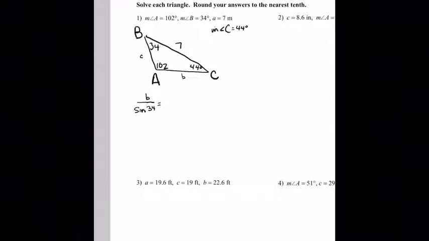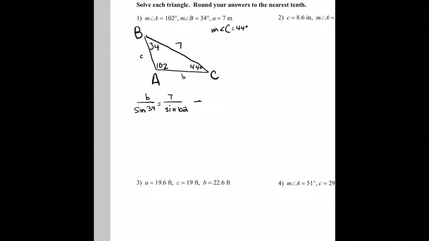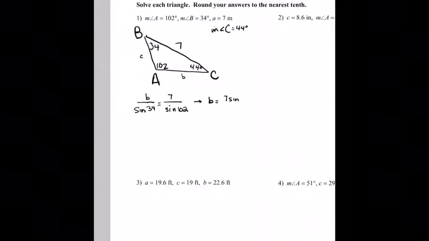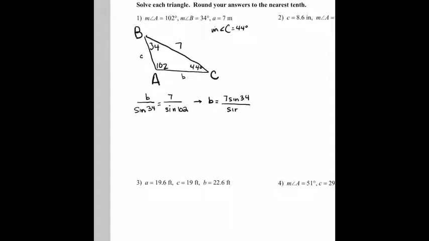So angle B was 34 degrees, and side A is 7, and the sine of A is 102. So getting B by itself, we'd have to multiply both sides of the equation by sine 34. So B is equal to 7 times the sine of 34 divided by the sine of 102.